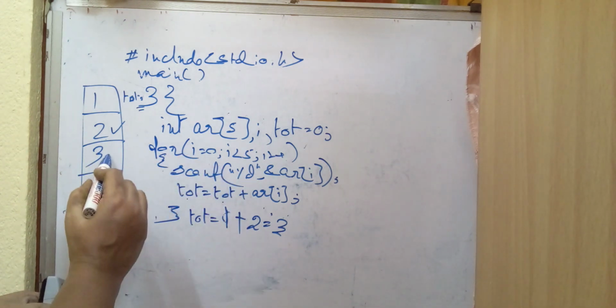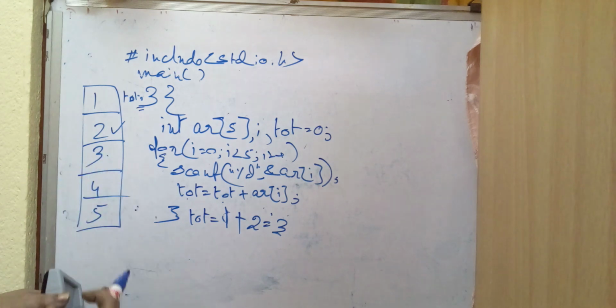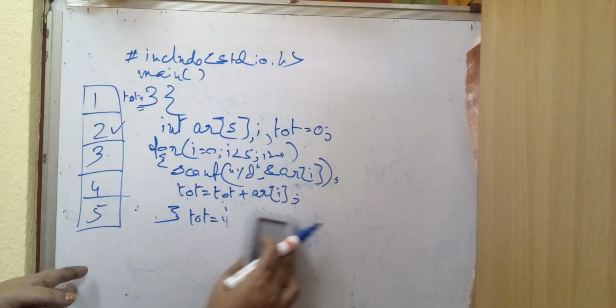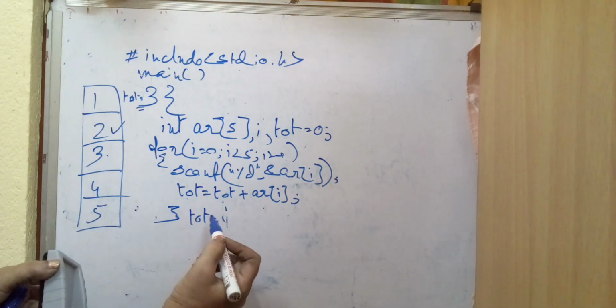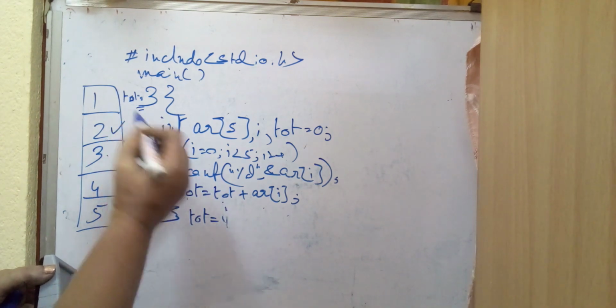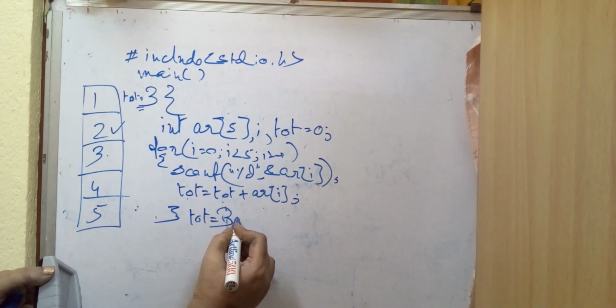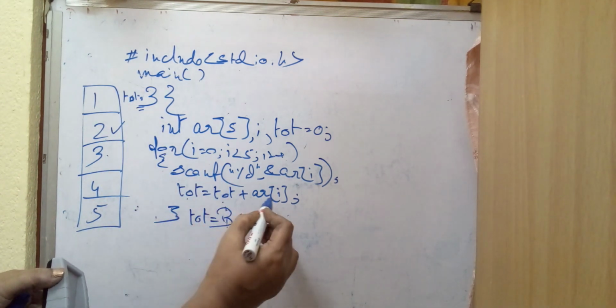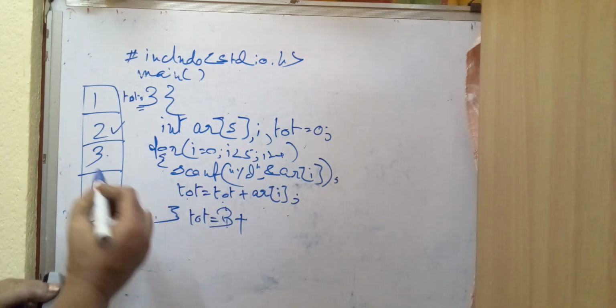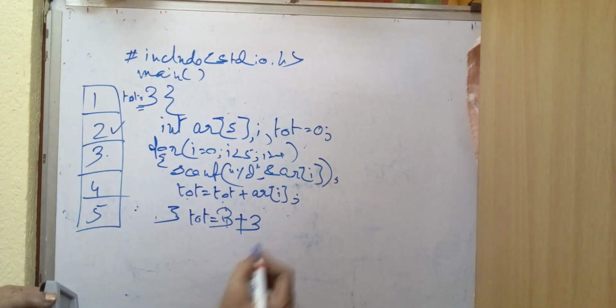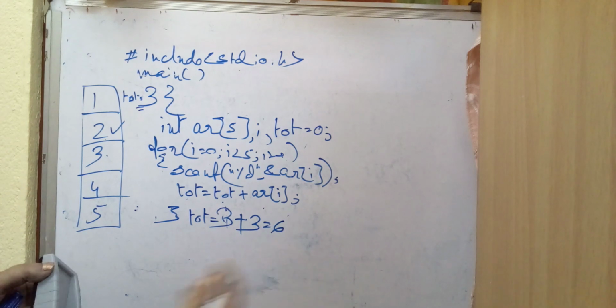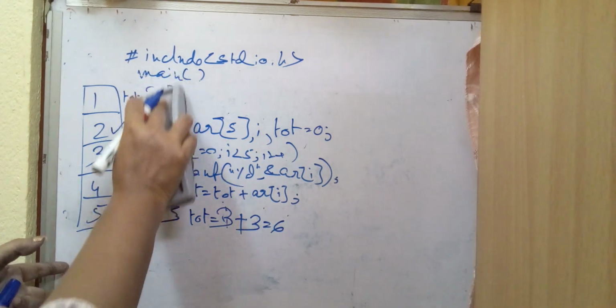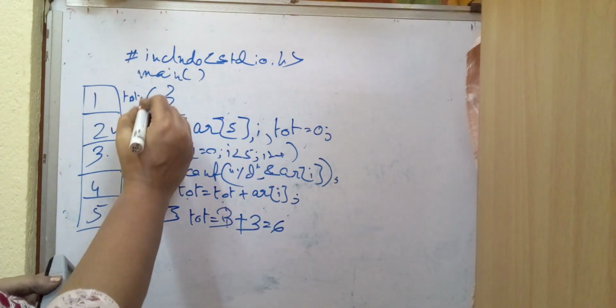Third time I have inputted element 3. Then total will be the previous total, that means 3, plus the element which I have inputted now, 3, which is 6. So now tot is 6.